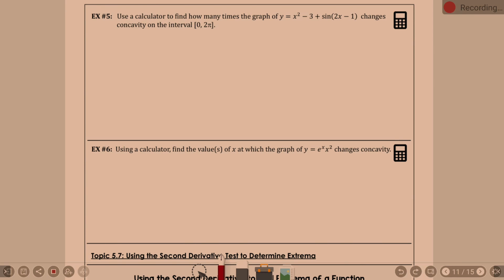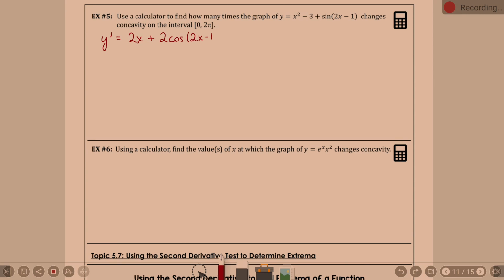Concavity: what do you need to think? Which derivative? Second. Let's start with the first derivative: 2x plus cosine of 2x minus 1 times 2, so 2 cosine.